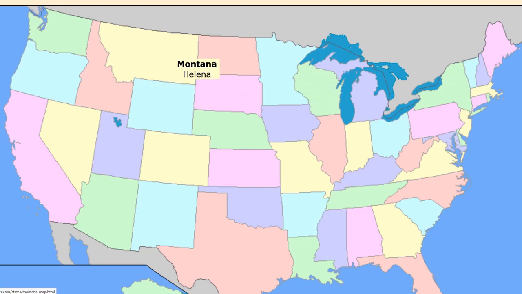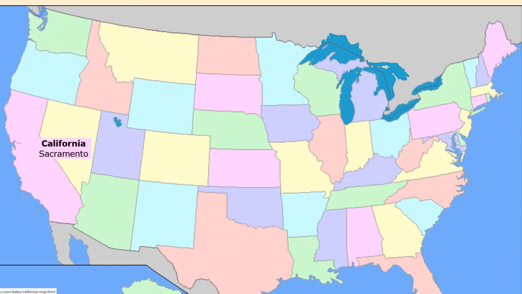So if you consider all these states as subsets, each set is a subset of the big USA. So Oregon is a subset of the entire United States. Washington is a subset of the United States.